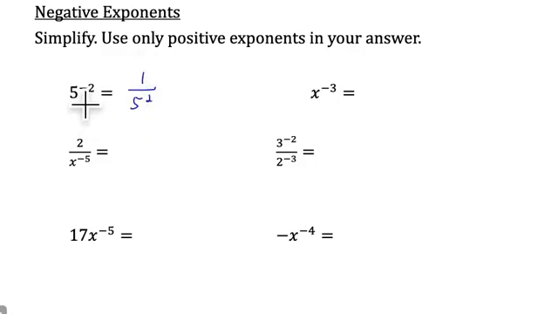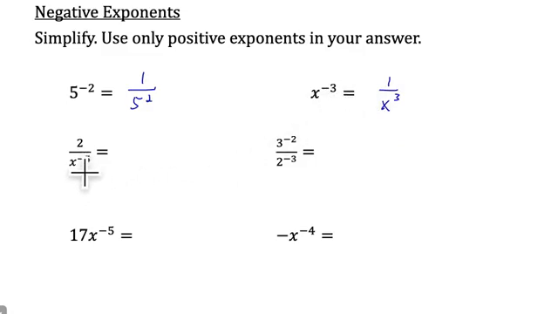So 5 to the negative 2nd power equals 1 over 5 squared. And notice when I move this 5 squared to the denominator, the negative sign in the exponent disappears. Likewise here, x to the negative 3rd power equals 1 over x to the 3rd power. So negative exponent has to do with fractions and being in the wrong location.